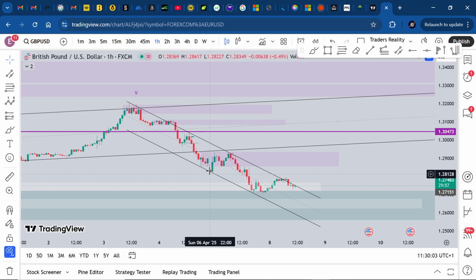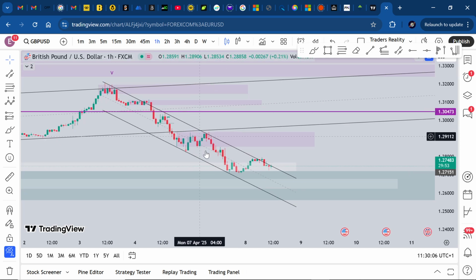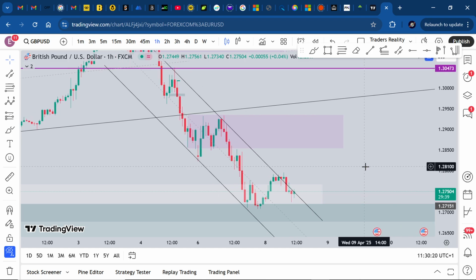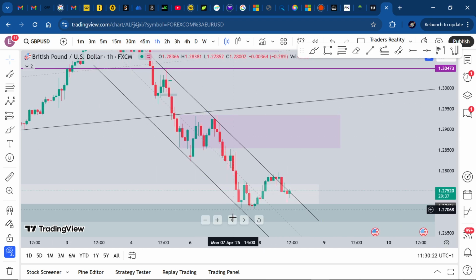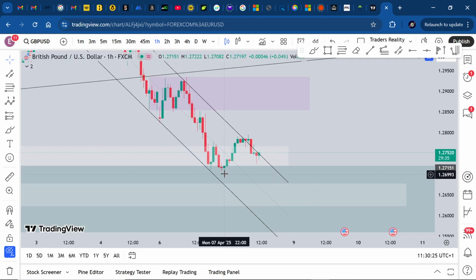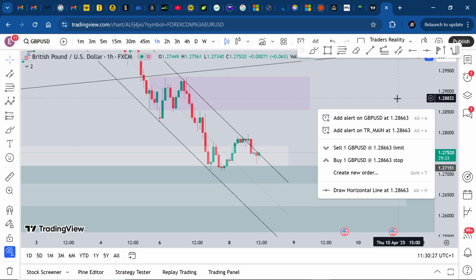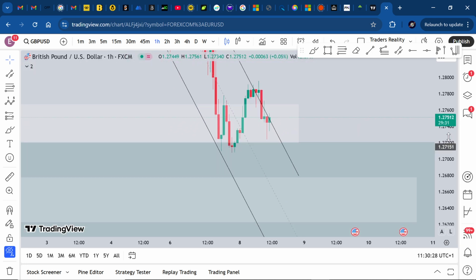Okay, then A, B, C. 1, 2, 3, A, B, C, 4. I think we still need the low. I think we still need to take out this low for the zigzag to be finished. 1, 2, 3, 4. If this had made another low, then I'd say the zigzag potential was done.